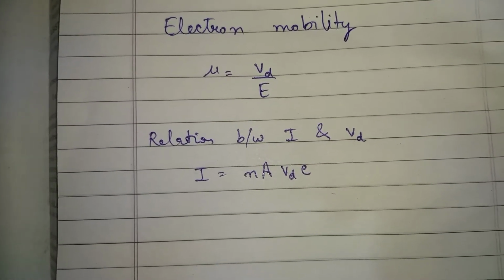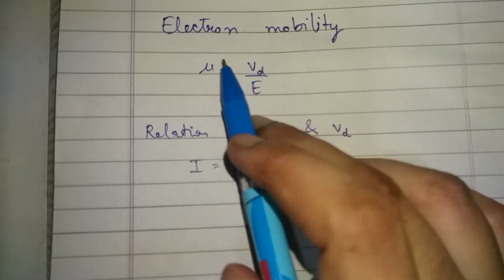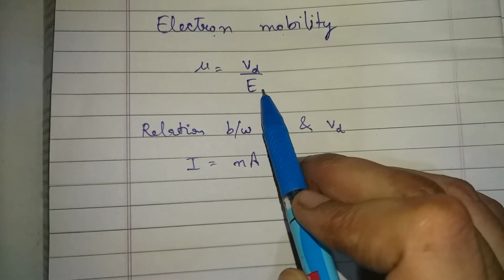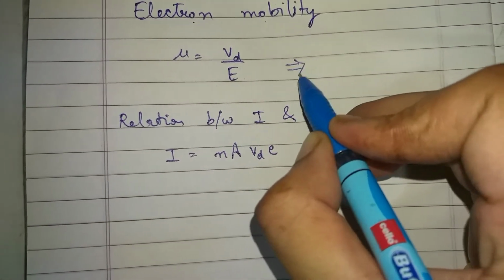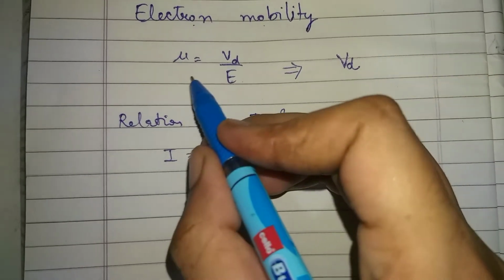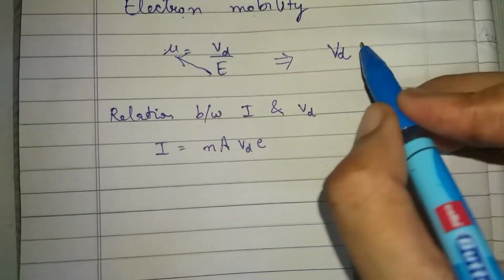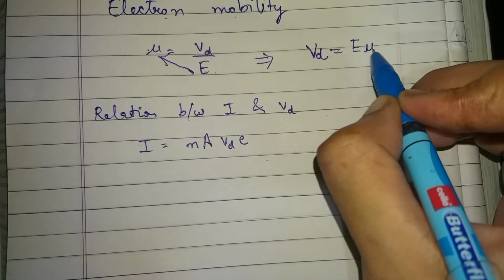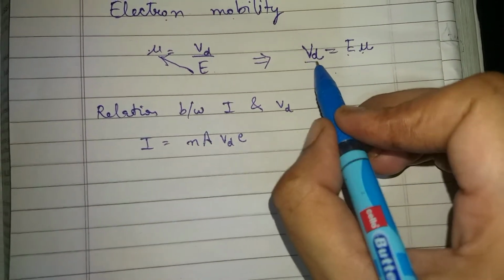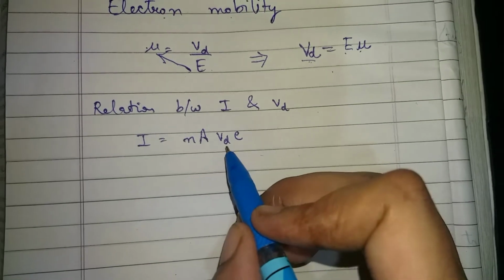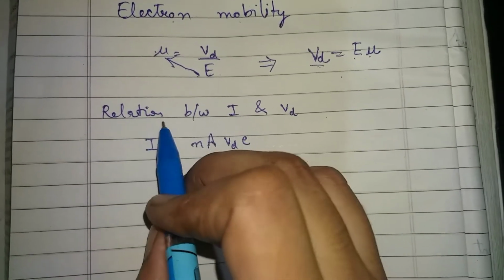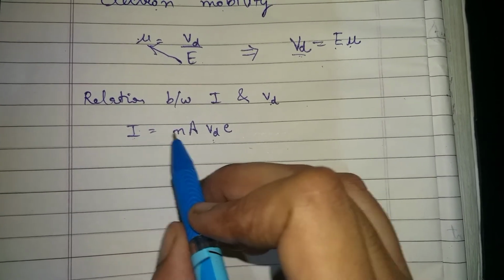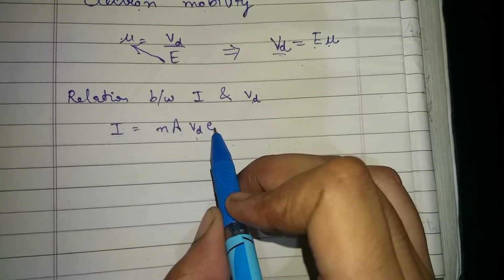Now we can derive another formula of electron mobility. The basic formula is that electron mobility equals drift velocity upon electric field. From this equation we can write the drift velocity: the electric field comes to this side, so drift velocity equals mu E. Put this value of drift velocity in the expression that comes from the relation between electric current and drift velocity, that is I equals nAVde.